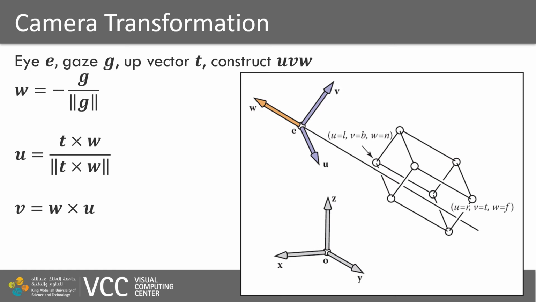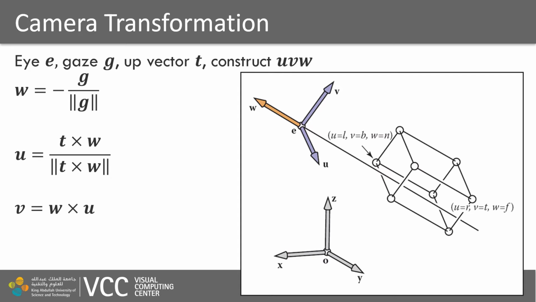Once we have that, we can realize where this coordinate system is, and through these coordinate system transformations which we had before, we can map the world coordinates into these camera coordinates, so that the camera coordinates will then be from the point E, which will be the origin of our camera coordinate system.